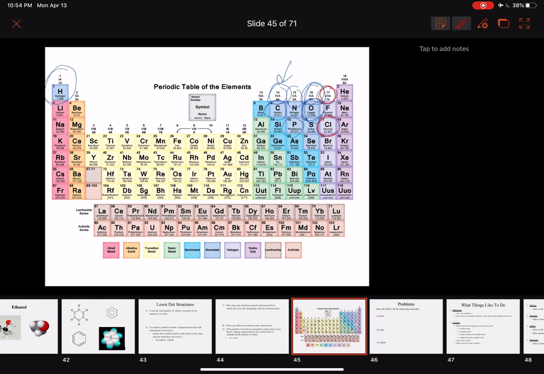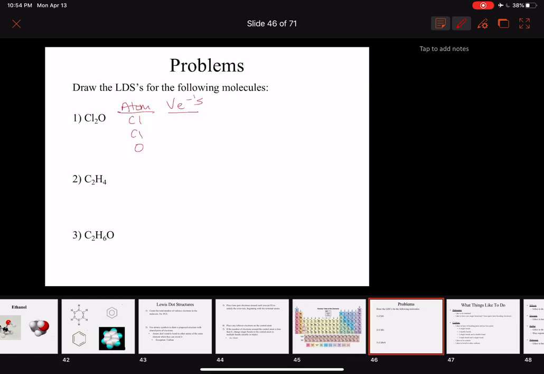Also, chlorine is a halogen. This column right here, those are our halogens, and they're always going to have 7 valence electrons. So that's one of those you should probably get really familiar with because it'll help you do things quicker and make things easier on you.